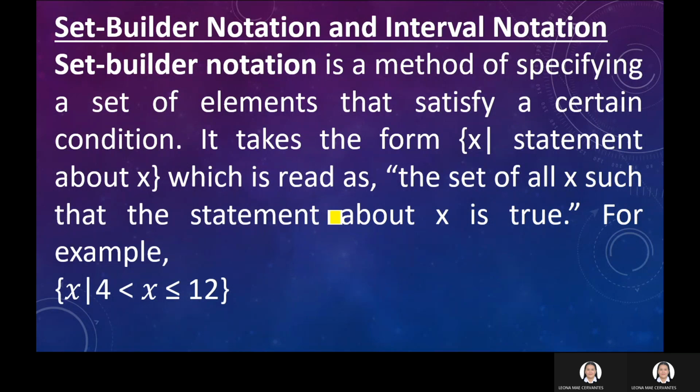So for example, the set of all x values such that 4 is less than x and x is less than or equal to 12. Again, the set of all x values such that 4 is less than x and x is less than or equal to 12.